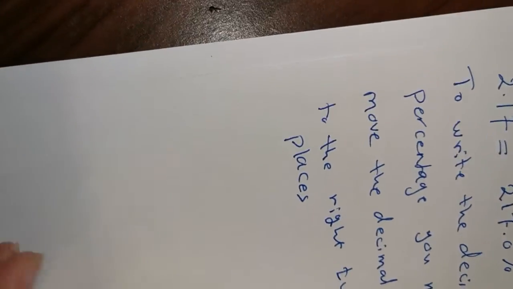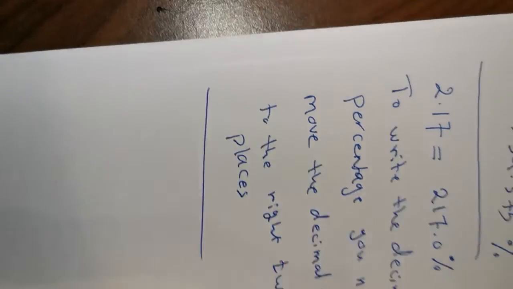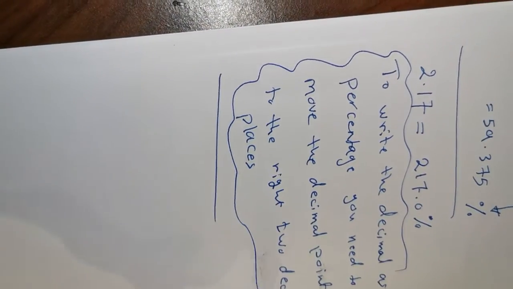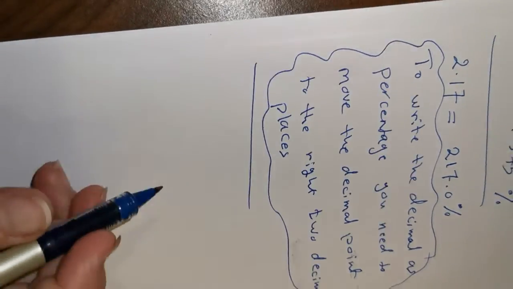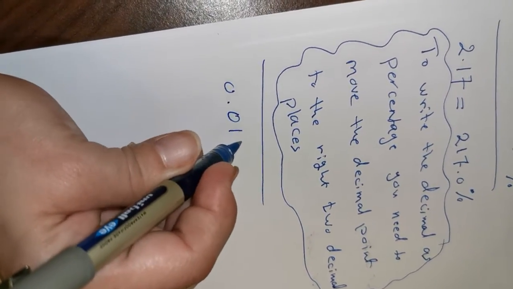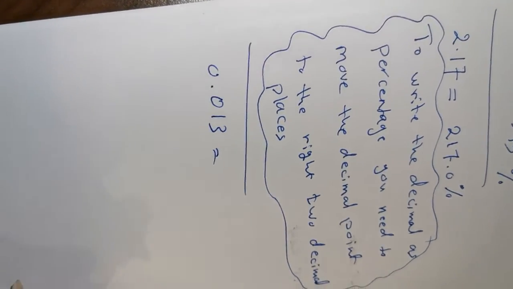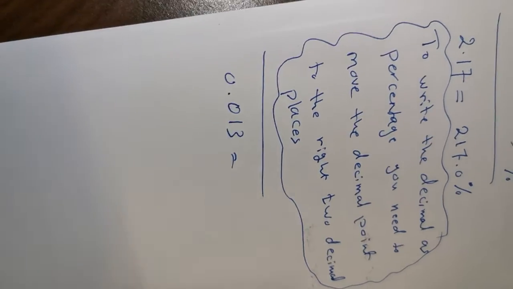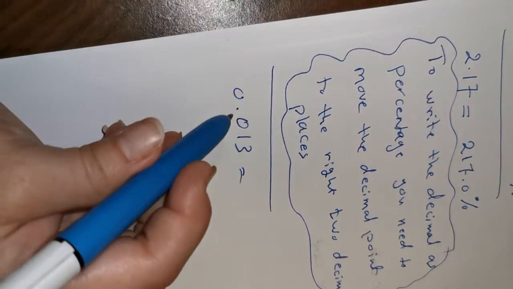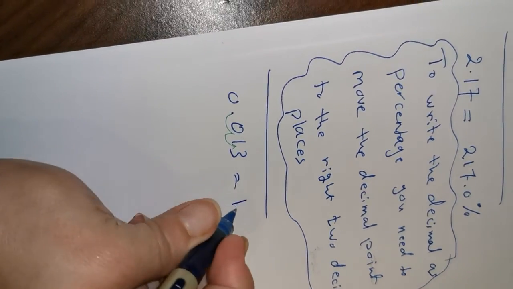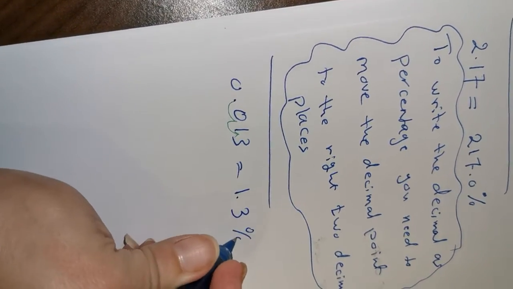One more example. This is a rule. 0.013 as a percentage will be, you just need to move the decimal point to the right two decimal places. 1, 2, it will be 1.3%.